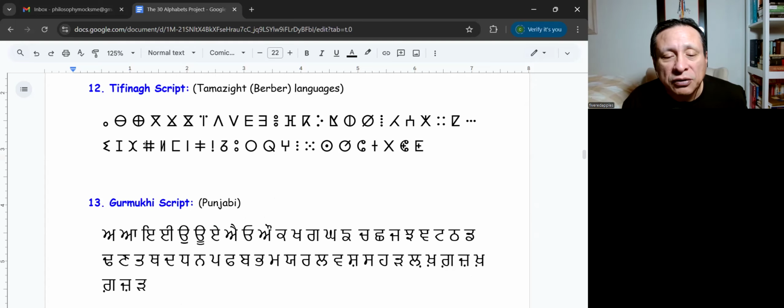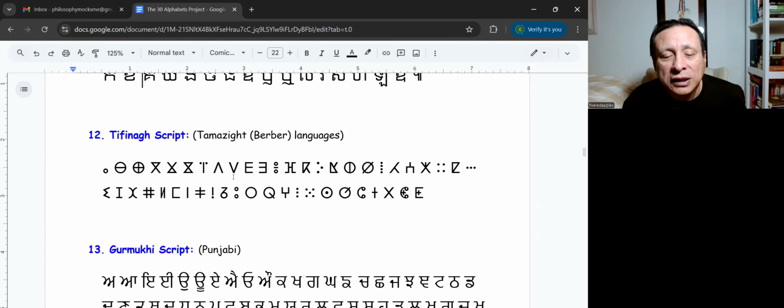Tifinagh, my favorite, one of my three favorite alphabets. Look at this. I don't know if Tifinagh is actually used anymore, because in the North African area, like Morocco, they've become Muslim, so now they use Arabic script for their language. But I think it's not dead yet.